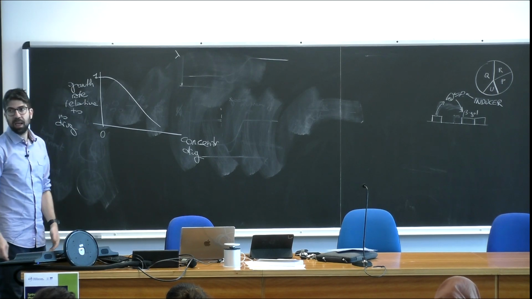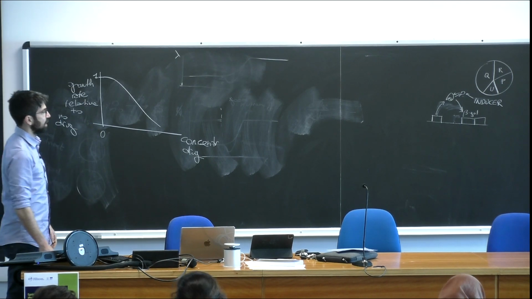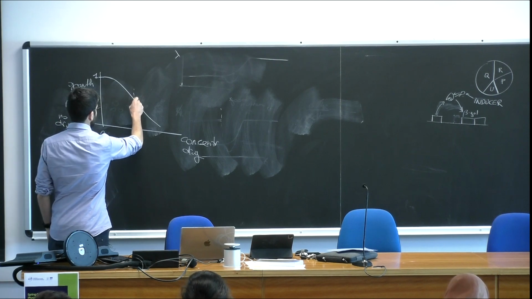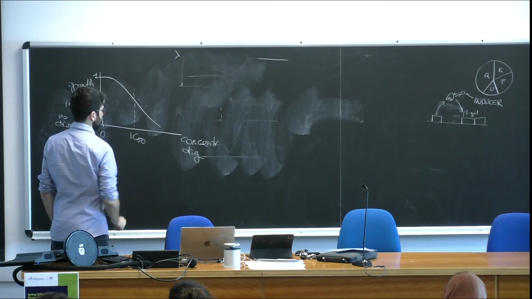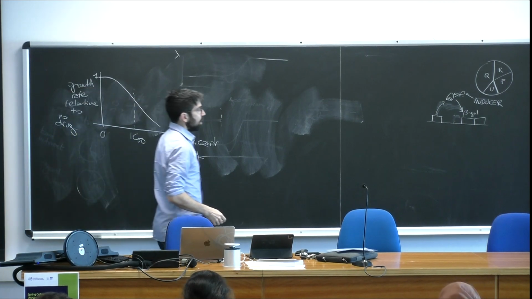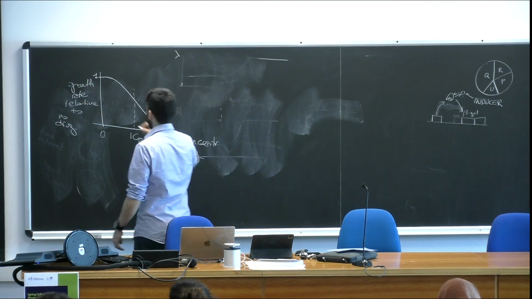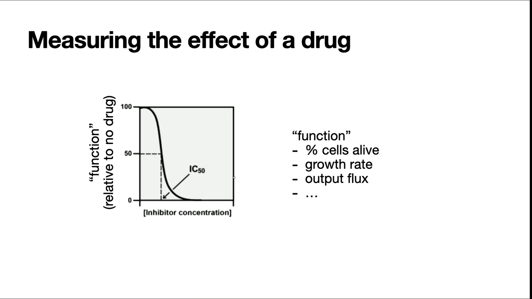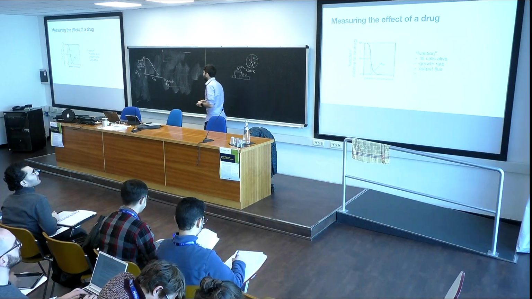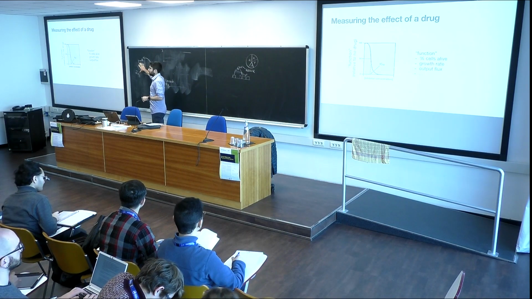A typical parameter that is studied is the concentration where you have, in this case, half of the initial growth rate. This is called the inhibitory concentration of 50.